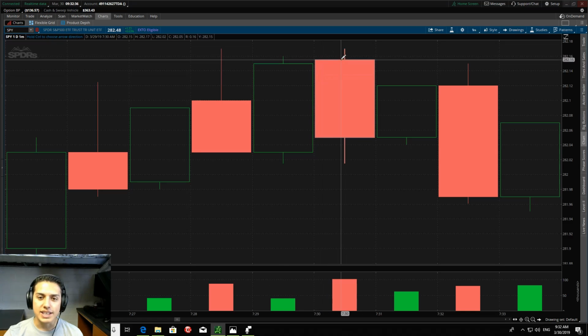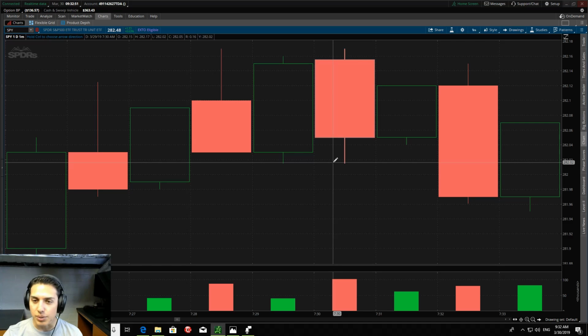Now we go on to the next candle, and you can see it opened up here at $282.15, came up to $282.17, came all the way down to $282.01, or 1 cent, and then came back up to $282.05.